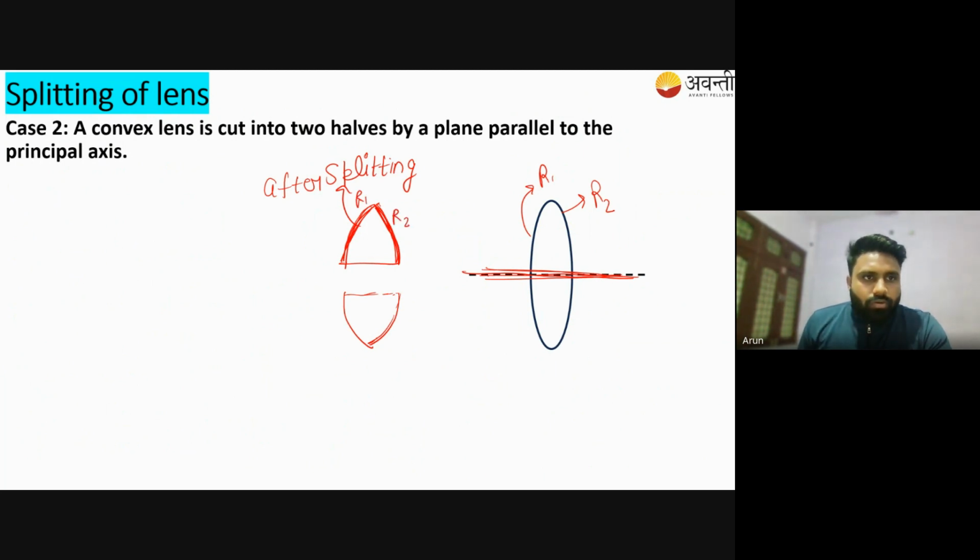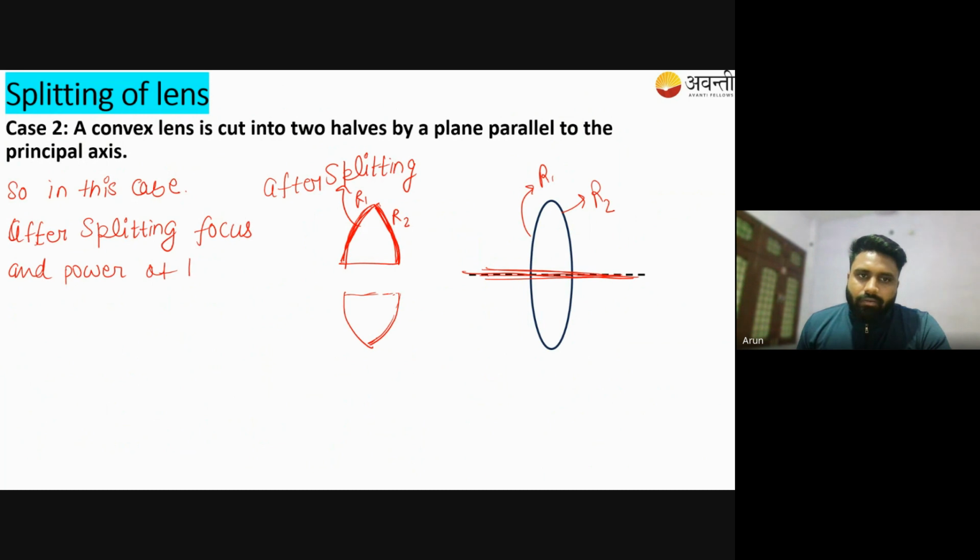So in this case, after splitting, the focus and the power of the lens remain the same.